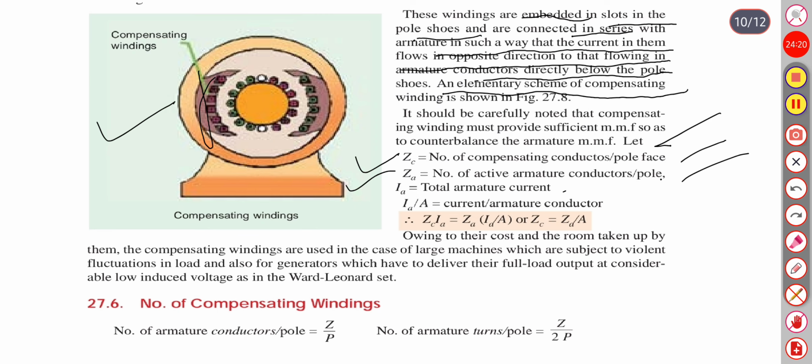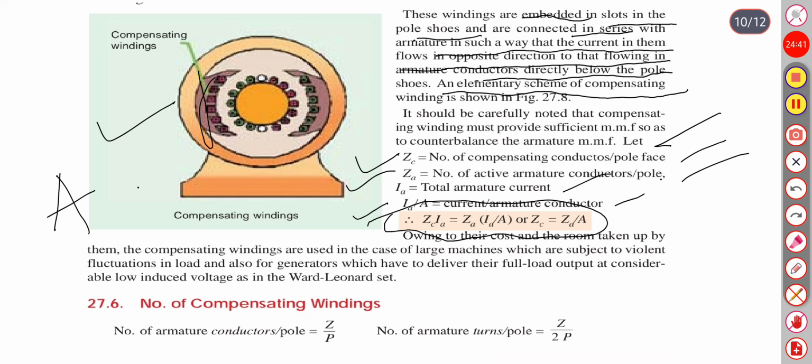A is nothing but the number of parallel paths. Now ZC IA will become ZA into IA upon A, or ZC is equal to ZA upon A.